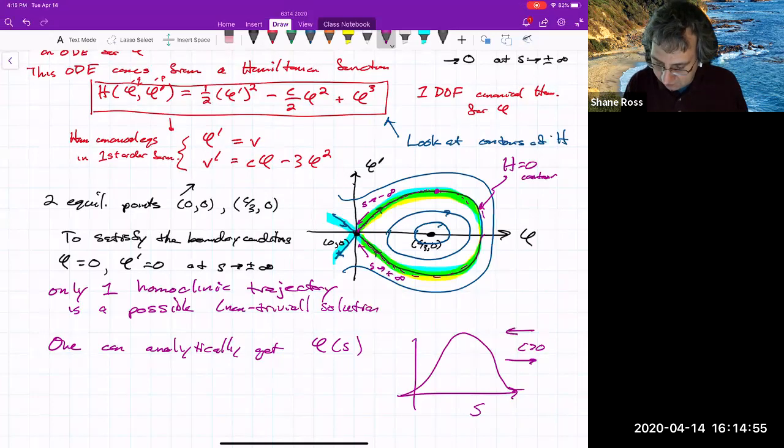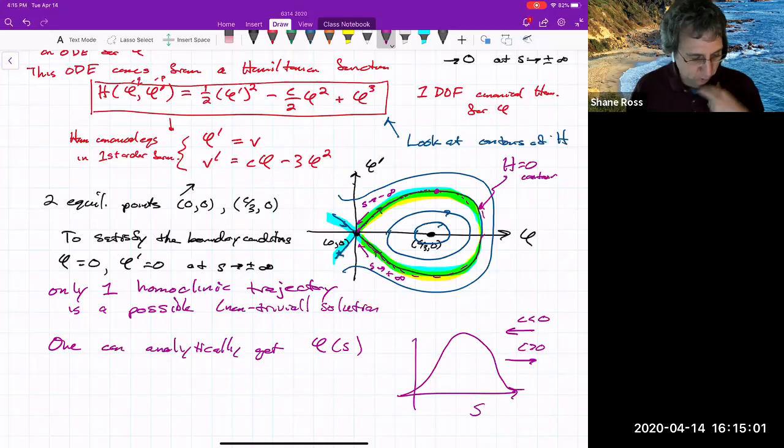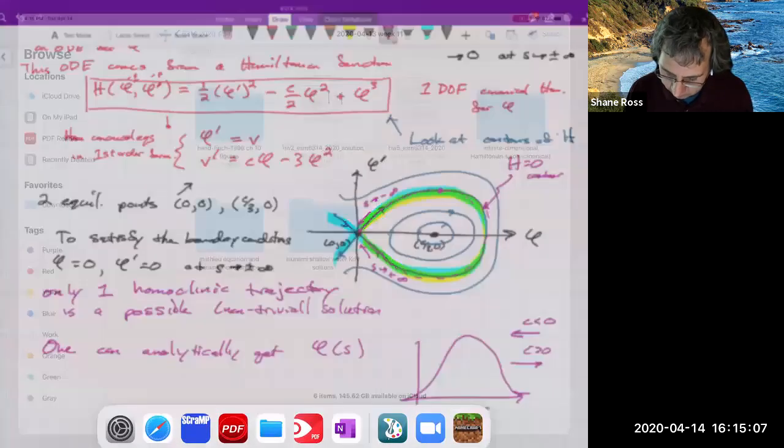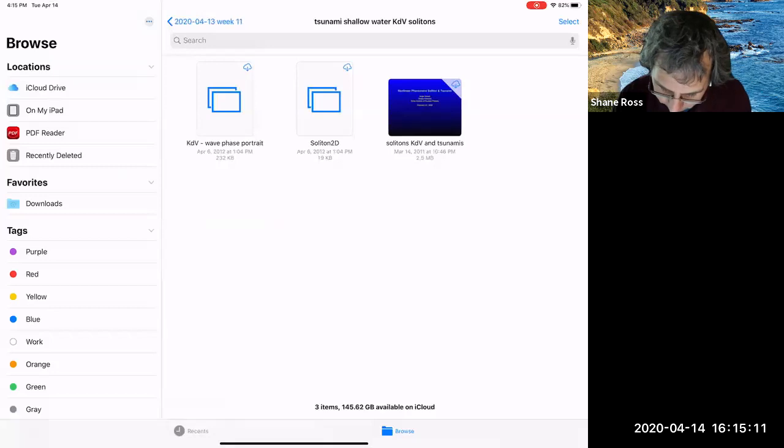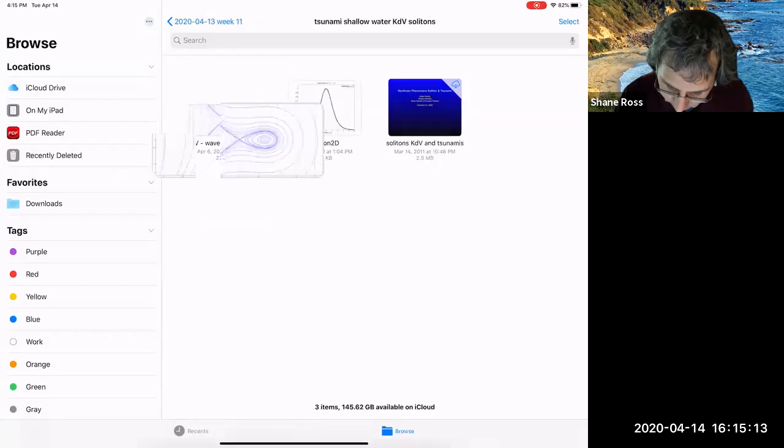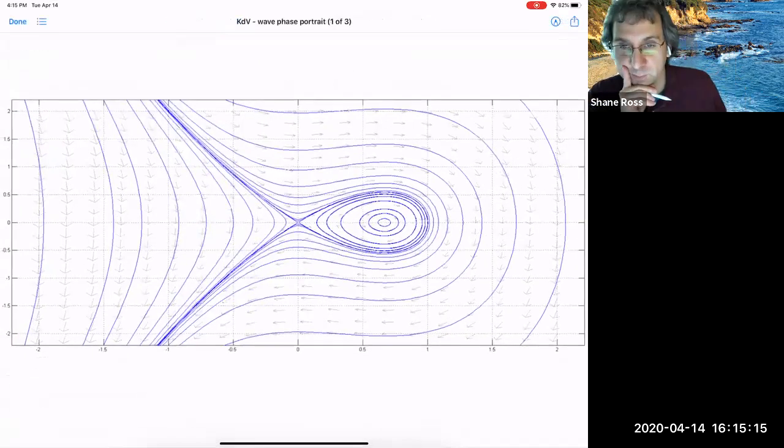If it's going to the left, then c is negative. But for each value of c, there is some shape. And I think I have already calculated some of those, maybe. Yeah, well, here's actually the phase portrait. If I just kind of naively took that set of first order ODEs and plugged it into pplane in MATLAB, this is what I would get.